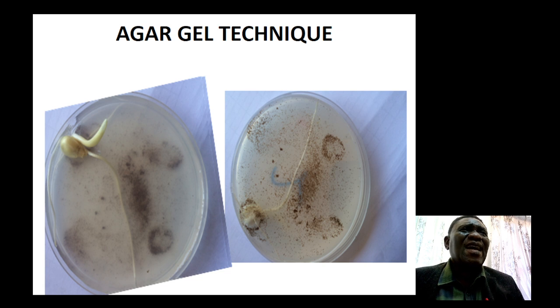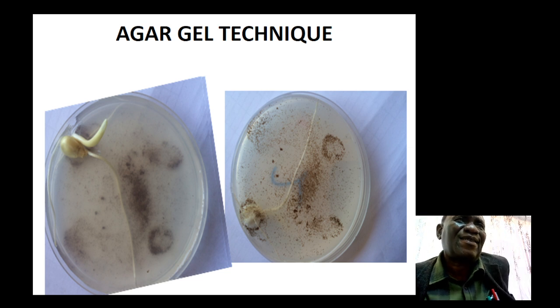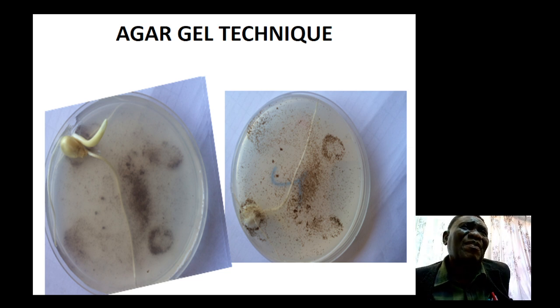He used the agar gel technique where you have maize roots growing through the infested areas of striga, and in these petri dishes phosphorus was varied.